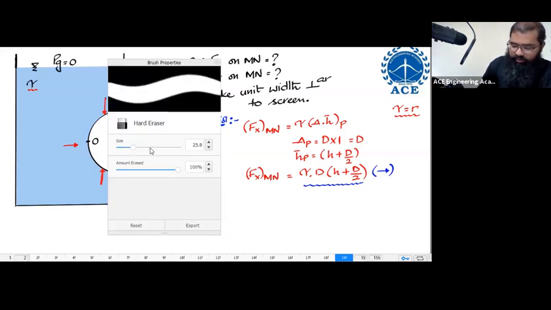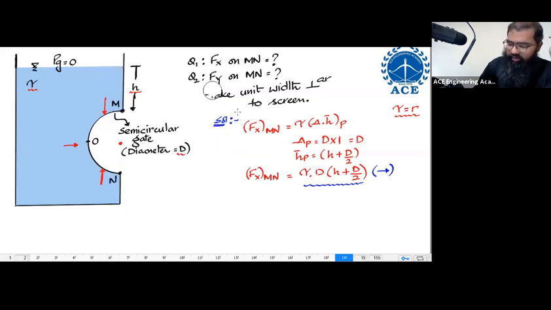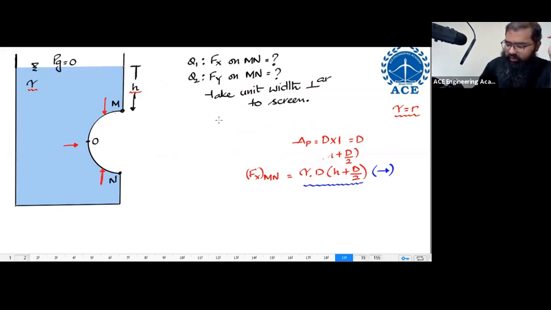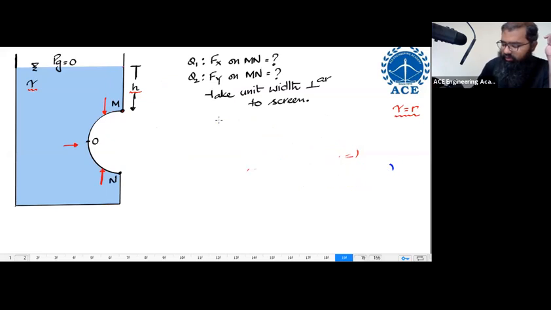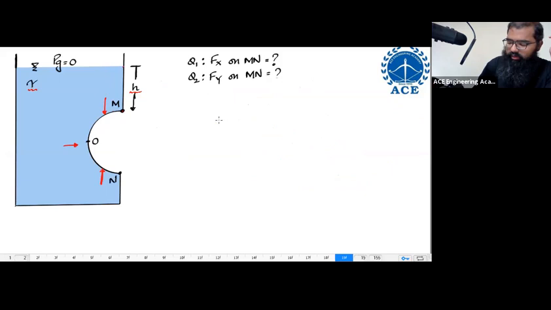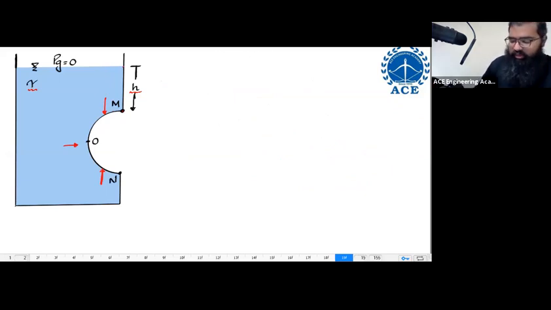This is a duplicate slide, so I'm going to erase these things. We are looking for Fy only over here. So let us say we are solving for Fy.